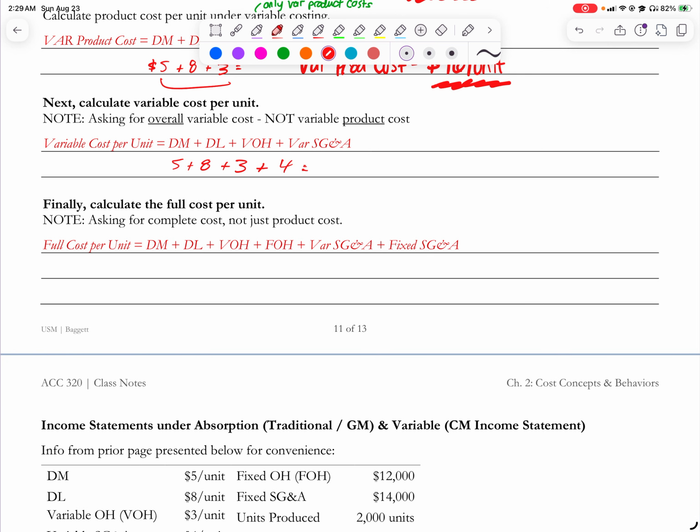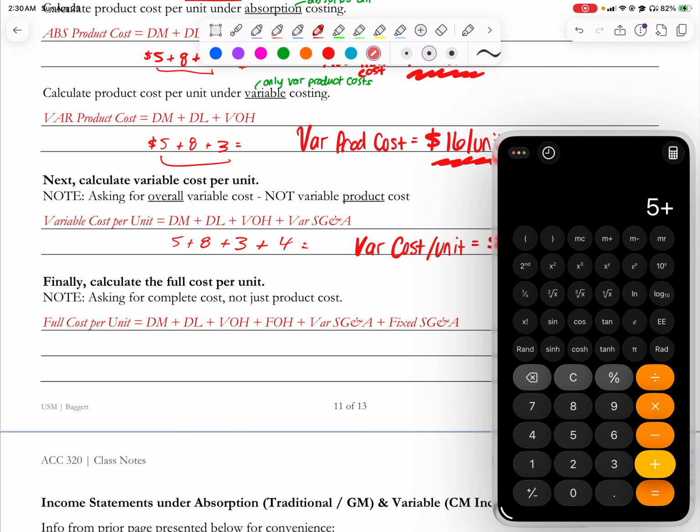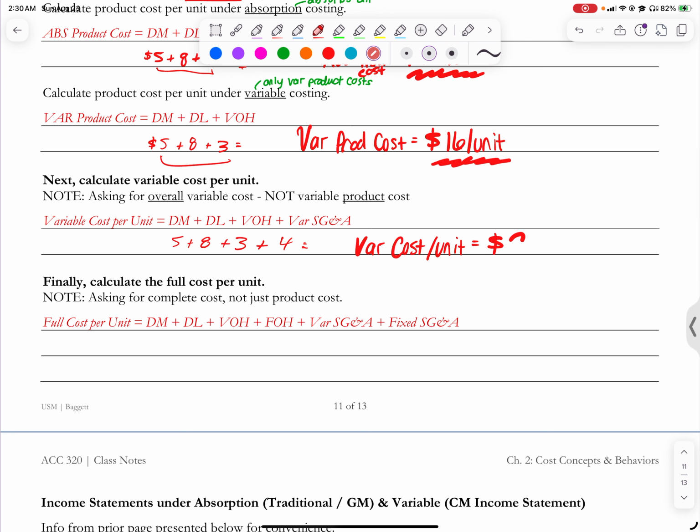All those are in per unit terms. Five plus 8 plus 3 plus 4, $20 per unit.